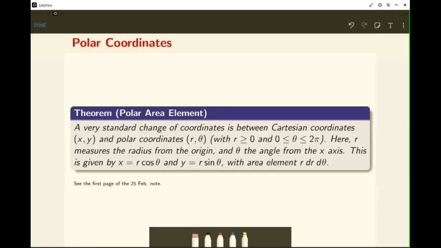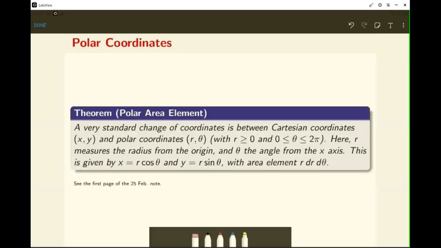And so here, instead of talking about the usual Cartesian coordinates x and y, we deal with everything in terms of the radius away from the origin, r, and the angle up from the x-axis, theta. And so this is given by the sort of usual parameterization. X is r cosine theta and y is r sine theta.